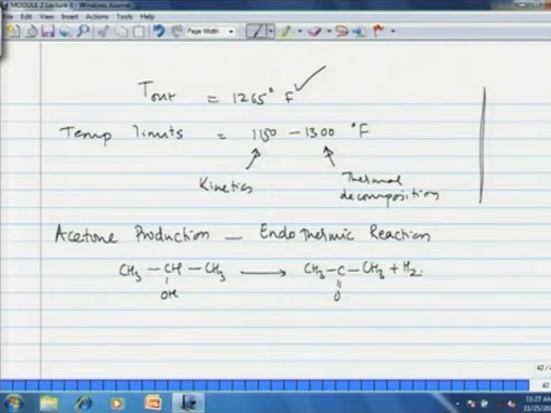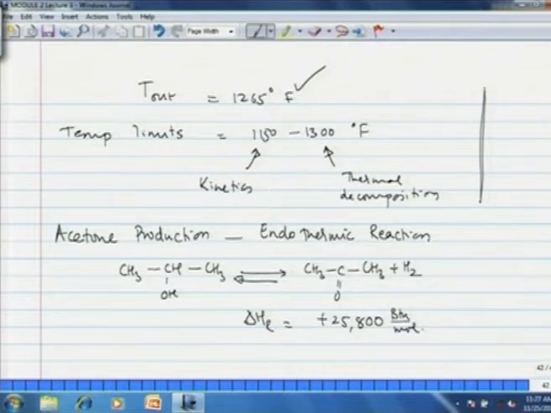And the heat of reaction here is plus 25,800 BTU per mole. Now, this of course is also a reversible reaction, some reversible component is there.